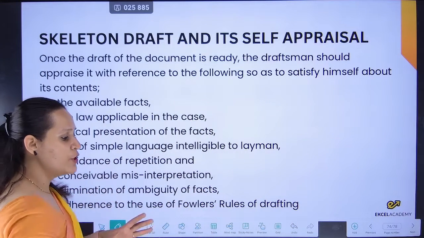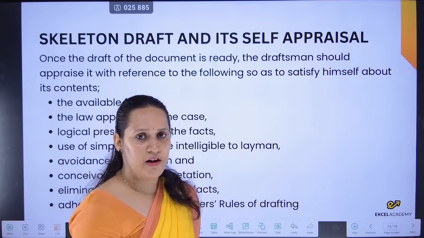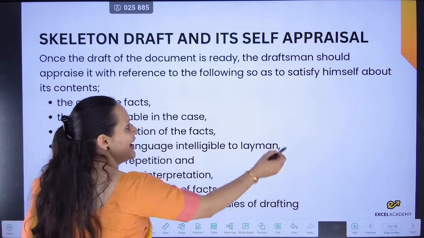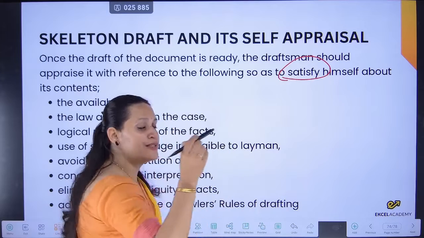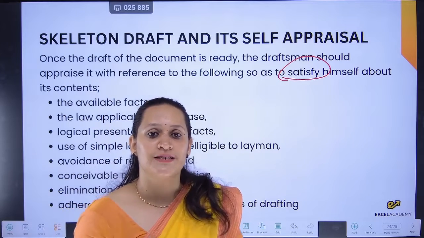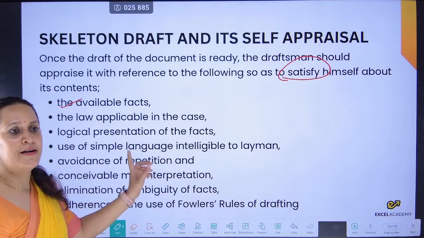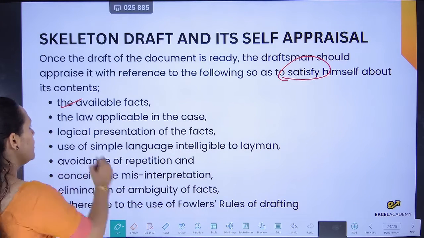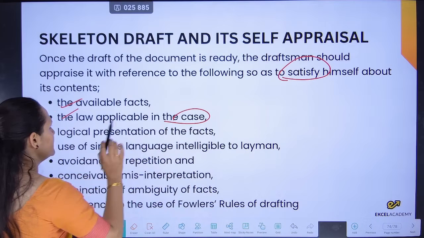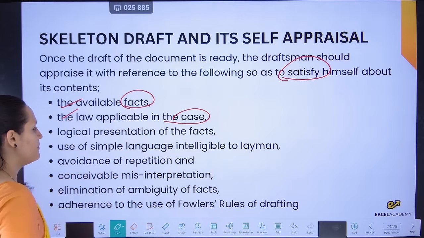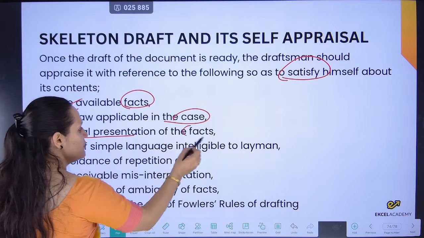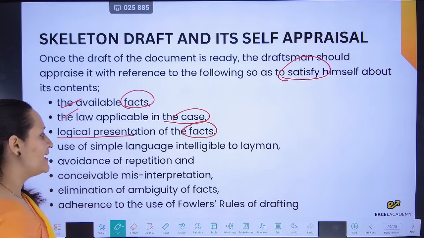Now, after you have done the skeleton draft and the self-appraisal, you should be able to satisfy yourself. The person who has drafted the legal document should be satisfied that all the available facts are correct and have been reflected in the document. All the applicable facts of the case are there, laws of the case are mentioned, and logical representation of the facts has been done using appropriate language.